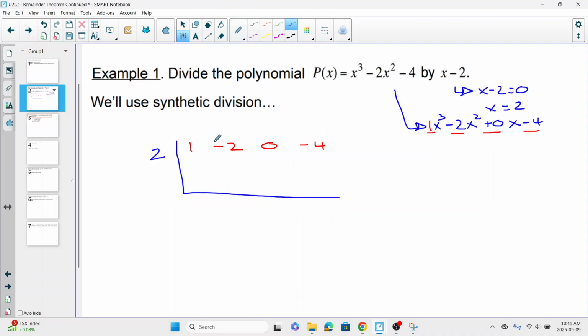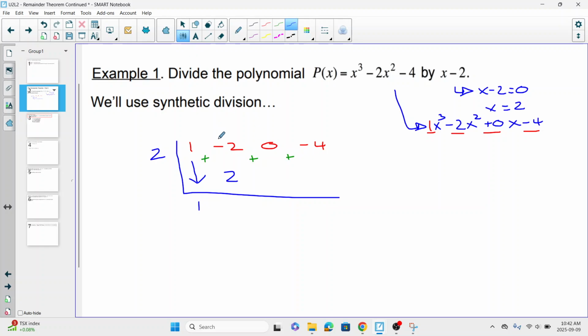So the first step of the synthetic division is always to pull down that first coefficient. It stays, so we've got the 1. And now we're doing 1 times 2, or 2 times 1, it doesn't matter. 2 times 1, and that's the number that goes here, and it's a 2. And remember, the big difference between synthetic division and real division is that we are adding our columns, not subtracting.